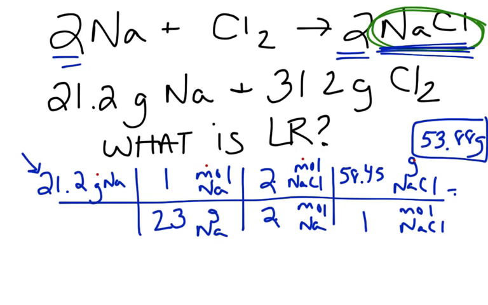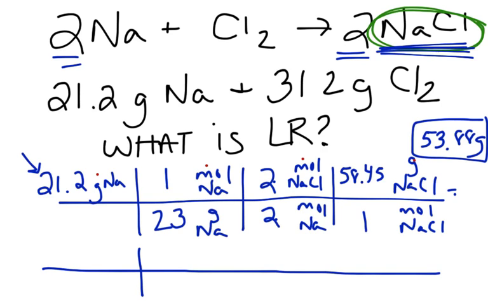So now I have to look at my other ingredient. Yes, boys and girls, children of all ages, limiting reactant problems involve not one, but two problems to be solved. Because now I'm going to start with my chlorine. And I'm going to say, okay, with this much chlorine, how much salt can I make? So again, I'm going to go through the exact same process.